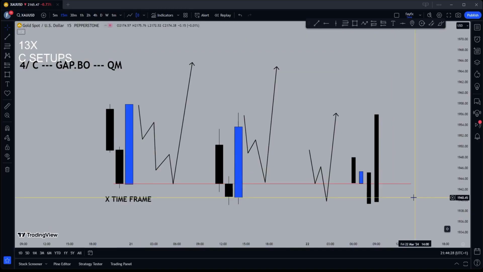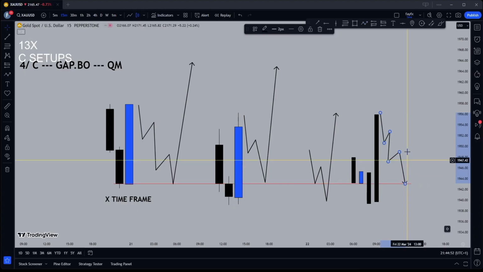This is the QM. This is the left shoulder. This is the head. Our entry will be the right shoulder. When price came down to visit this level, it forms the right shoulder and it will be our entry.